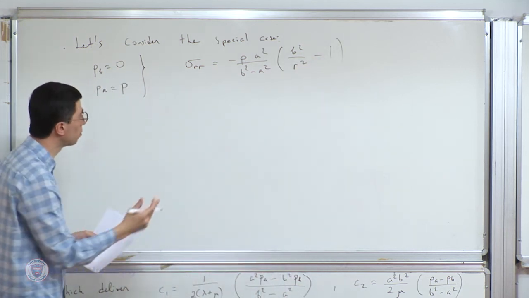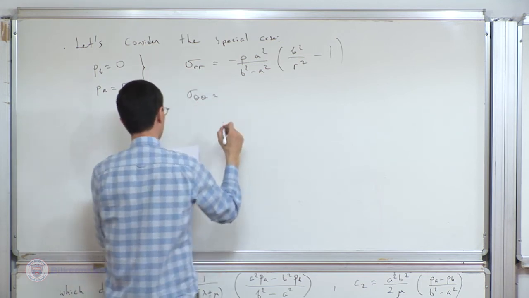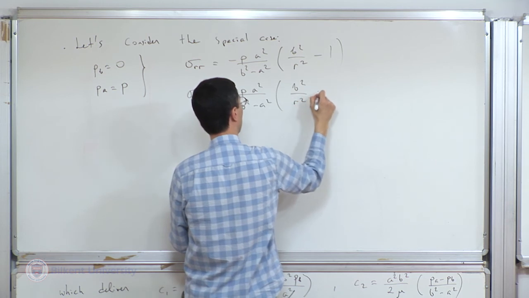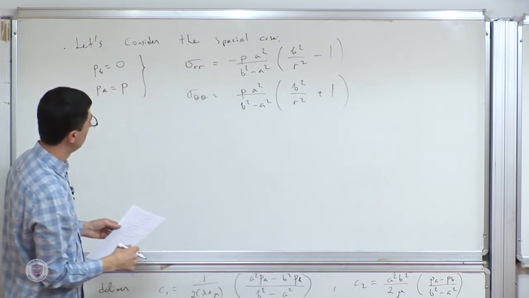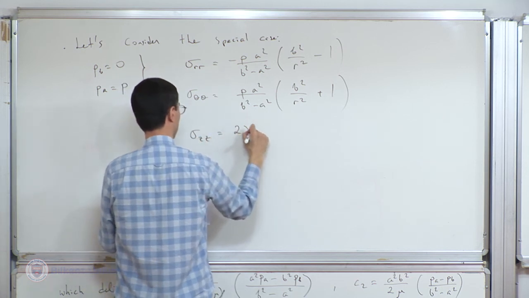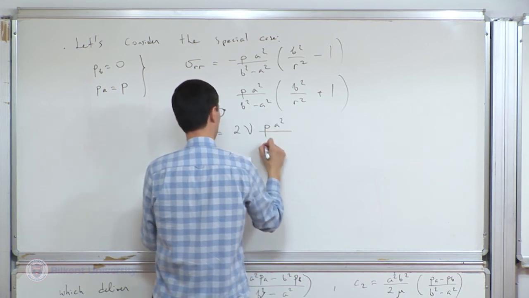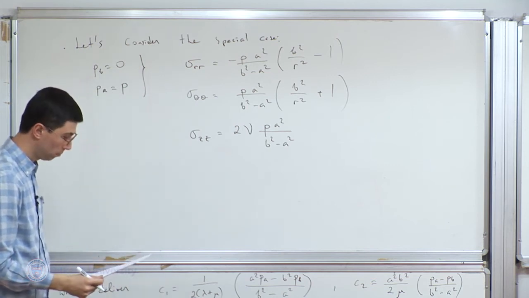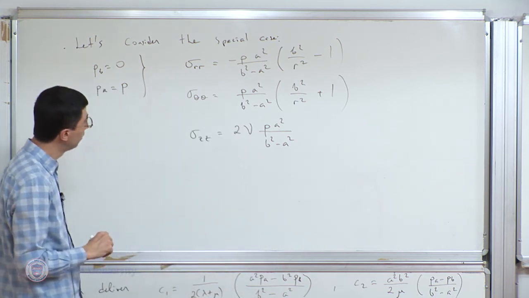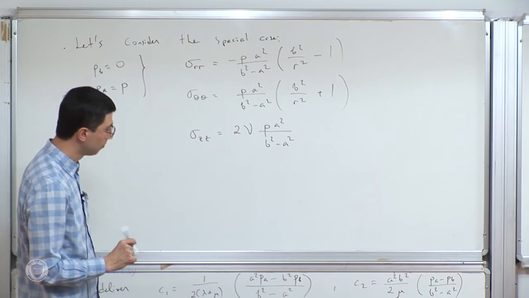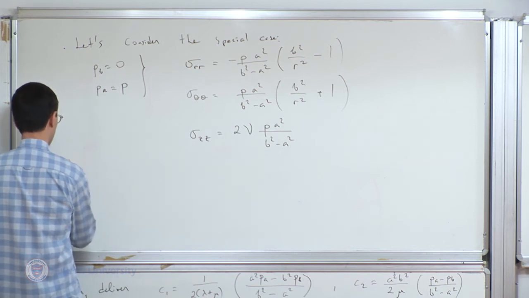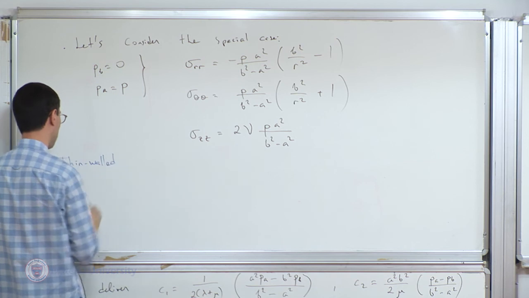I'm just saying that the outer pressure is 0 so that the functions simplify a little bit. Okay, so now I will invoke the thin wall limit, just so we make sure that our solution is consistent with what we knew.